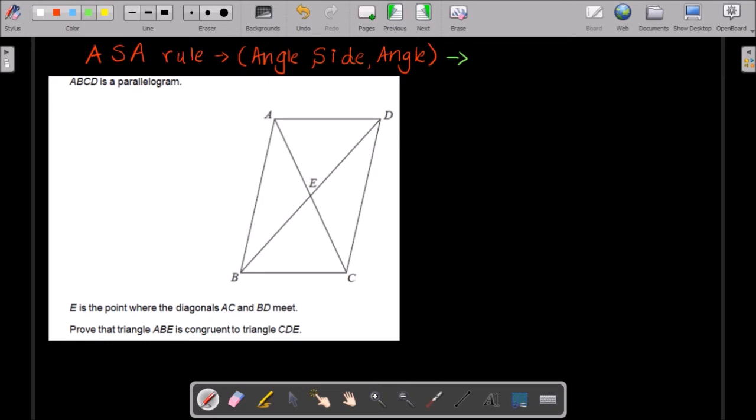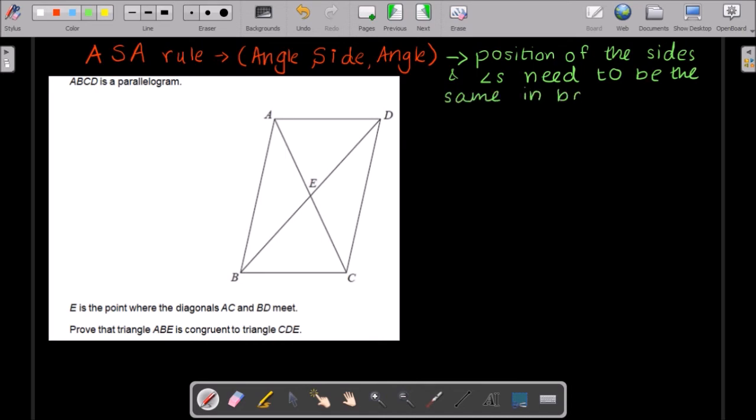This comes also with a stipulation, and the stipulation here is the position of the sides and the angles need to be the same in both the triangles.